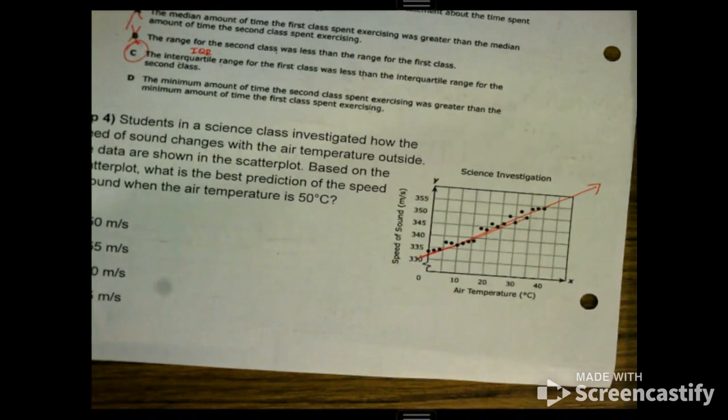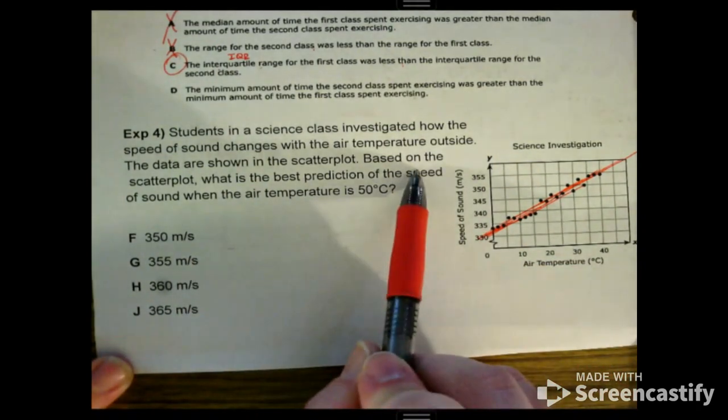We need to make sure that it's always from the first one. Because I always draw my line where the zero is with the origin. No, you got to start about where your data is. Okay, so this wants to know, based on the scatter plot, what is the best prediction?